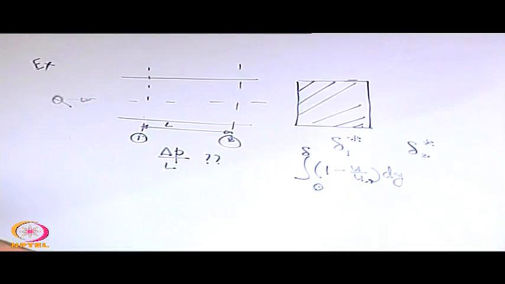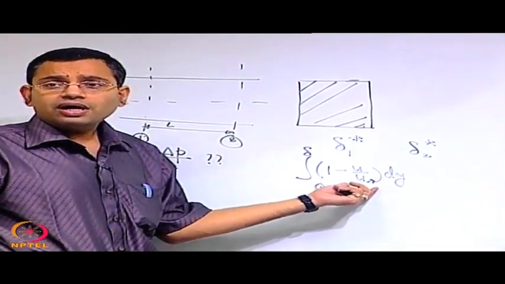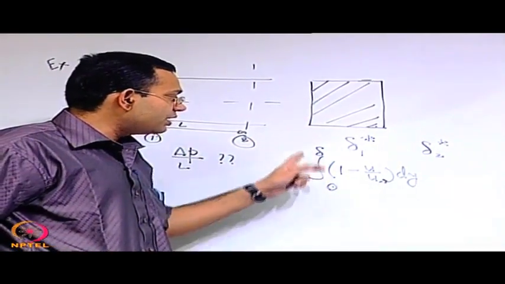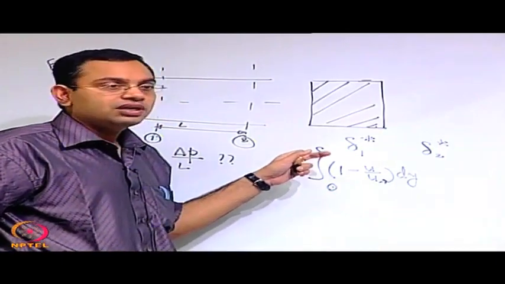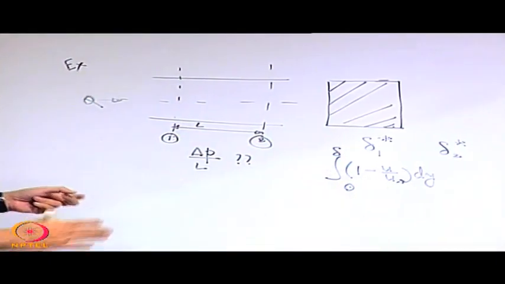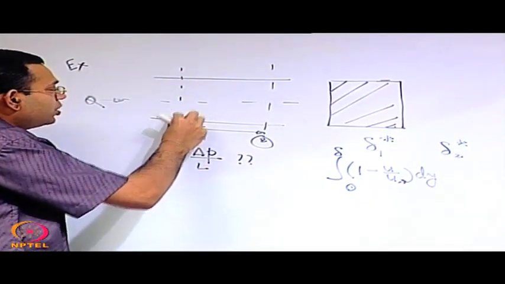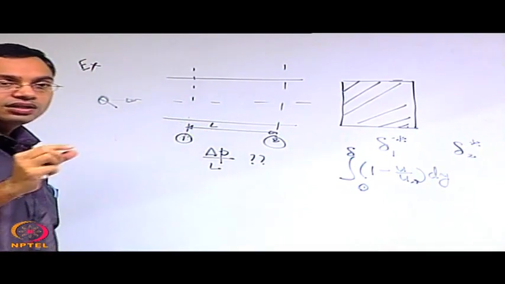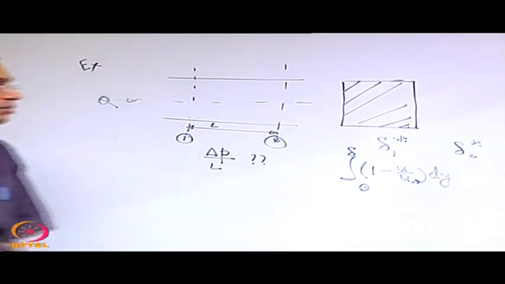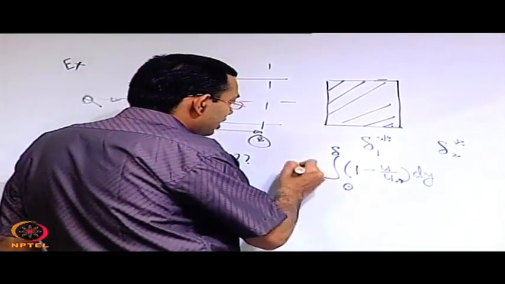If you have a measured velocity profile, or even some approximate velocity profile, that is fine, but you should have a fair estimation of the boundary layer thickness. That is possible because if you have a velocity probe across the section, you will find that beyond a certain distance from the wall the velocity gradients are not there, and that distance you may estimate as the boundary layer thickness. This is how you get delta star.